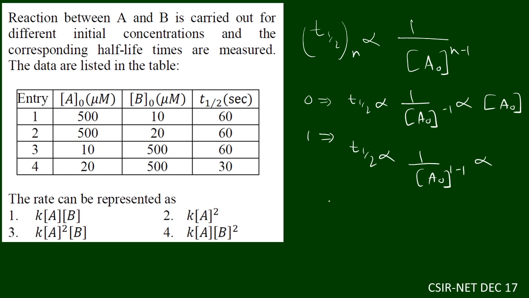For second order reaction, t half is proportional to 1 by a naught to the power 2 minus 1, that is inversely proportional, 1 by a naught. This concept is required for solving this problem.